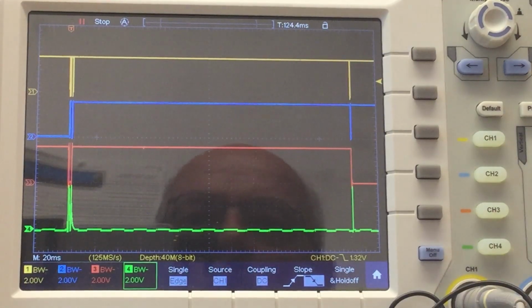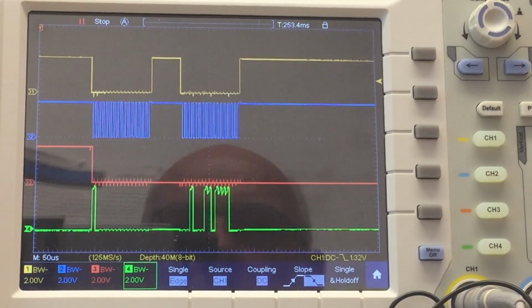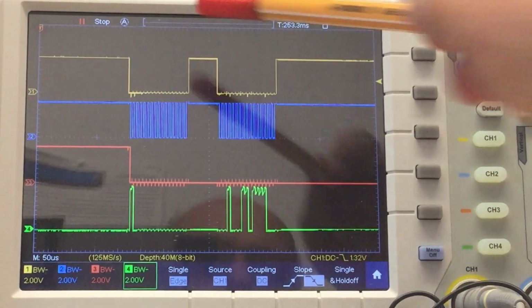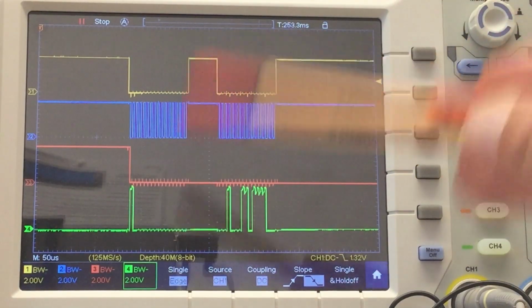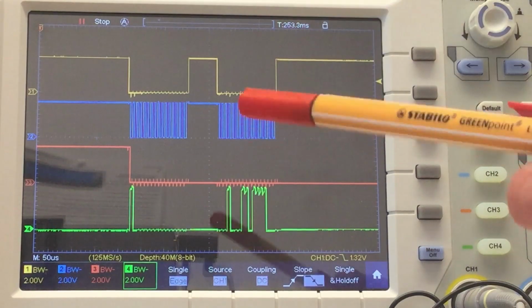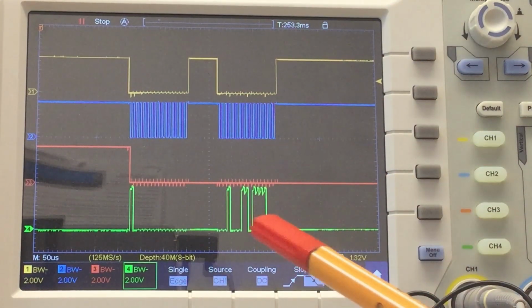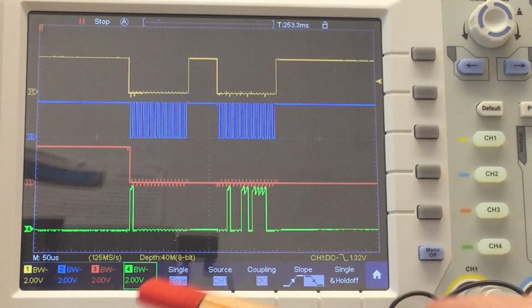Maybe we can zoom in. There we have our 2 regular SPI transactions then, and the error bit is no longer set. Nice, huh? Okay, that's it so far with what's going on the SPI bus the whole time.